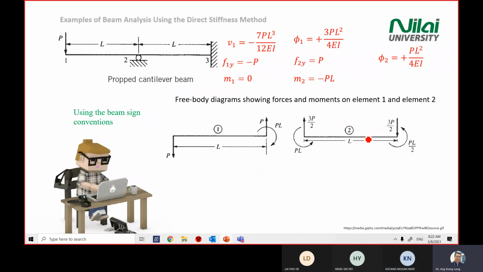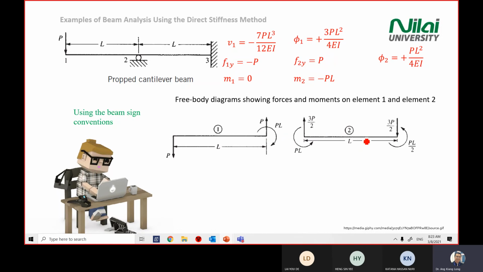Now you do the same for element 2. You calculate for element 2. You will get the second free body diagram, something like that. So remember, you need to know how to draw the free body diagram.